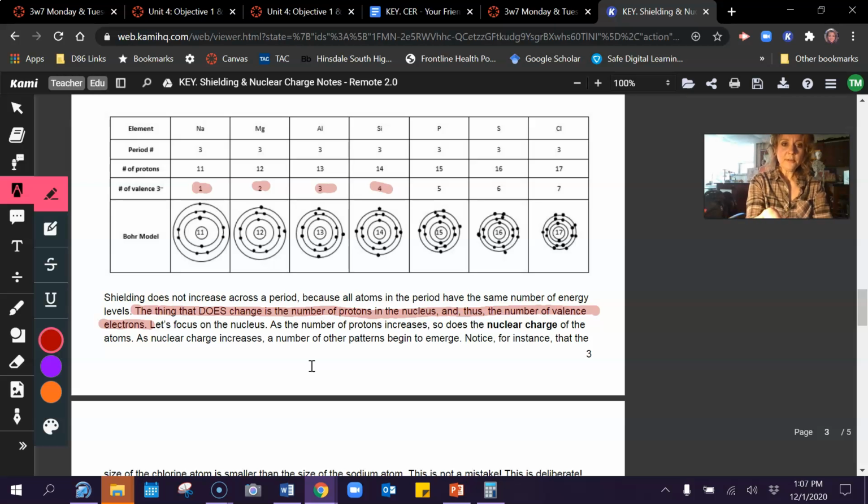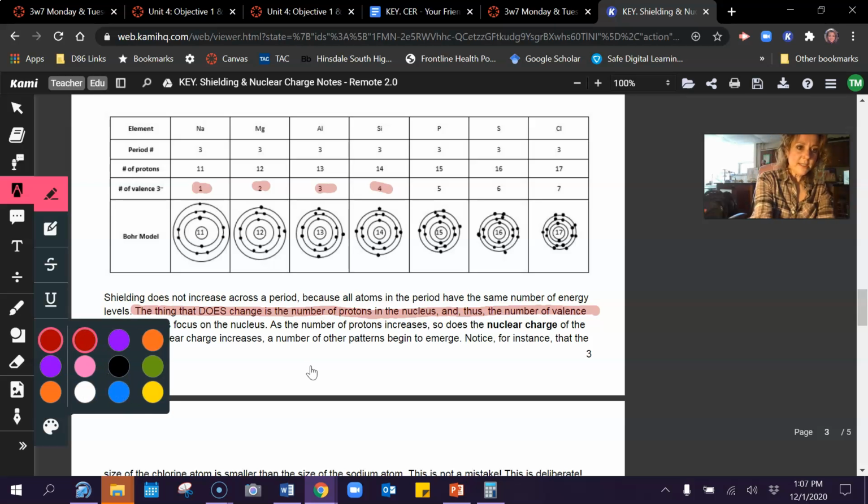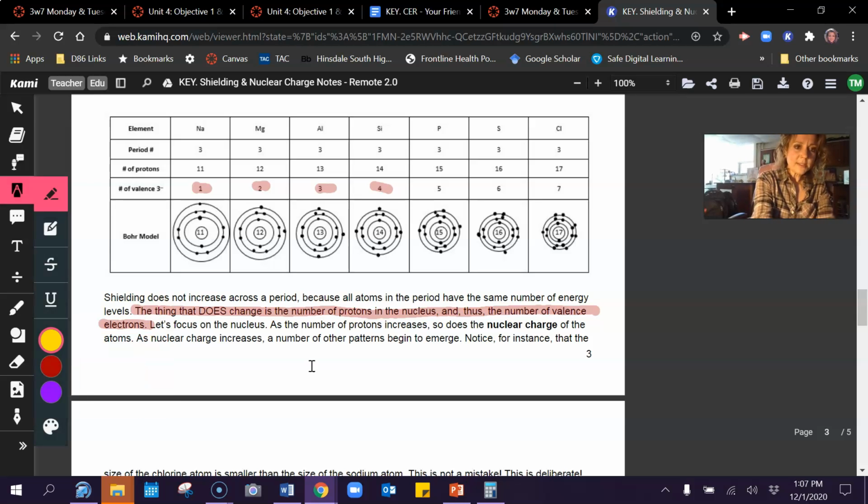So the other thing that I wanted to make sure that you understood, which I mentioned before, is that as we move across a period, the number of protons, the nuclear charge, is increasing. So as the number of protons increases, so does the nuclear charge of the atoms.